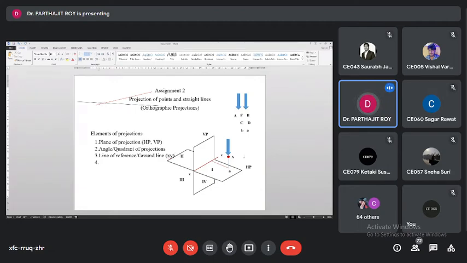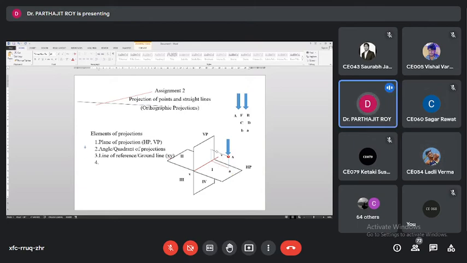And that distance I am getting from the reference line XY. Yes or no? Yes, sir. Now what is this distance equal to? Can I not say that this distance is nothing but the actual distance of the point from the vertical plane? Yes or no? Yes, sir.